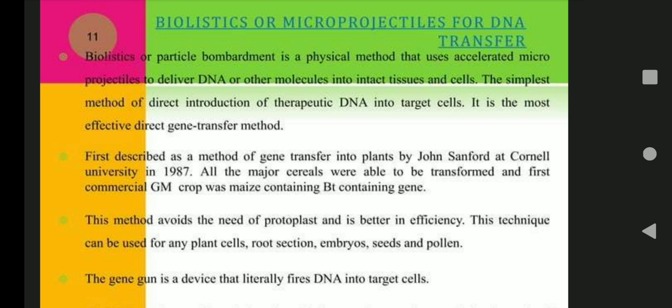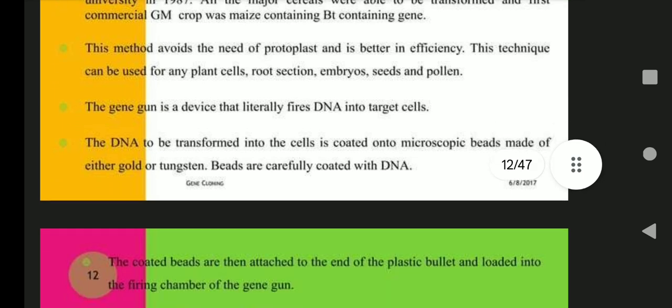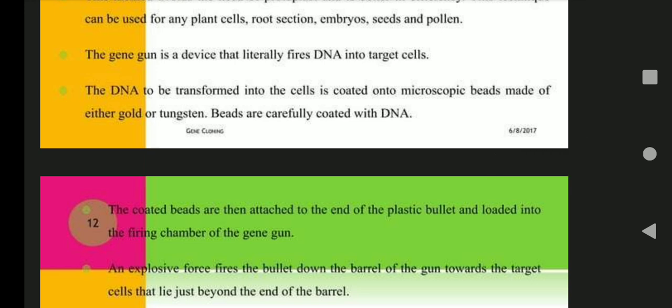The Bt toxin was isolated from this bacterium, then coated onto the bullets, and these bullets are targeted over the plant cell, root section, embryo and seeds for further procedure. The gene gun literally fires the DNA into the target cell. The DNA is coated over microscopic beads made of either gold or tungsten. Here the gold or tungsten bullets are coated with our gene of interest.